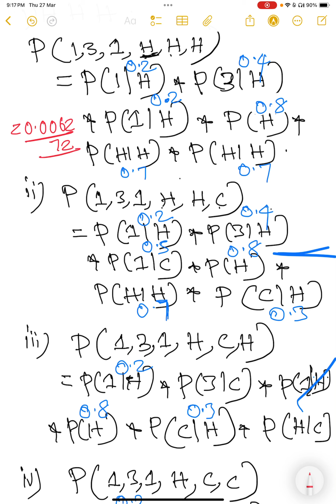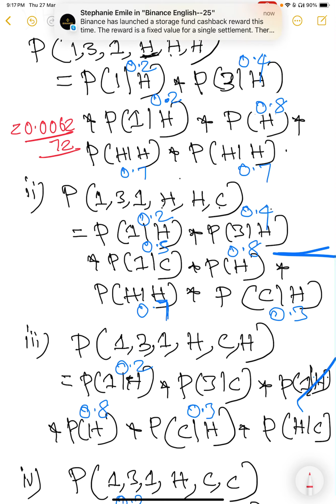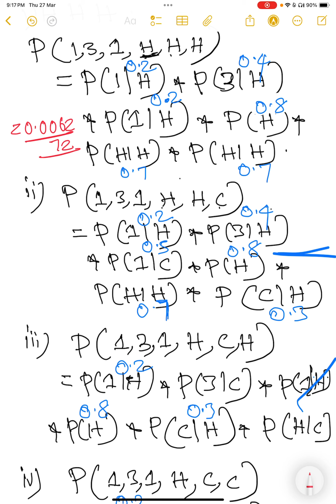And now what do you get for the second one? We have to find the maximum of this, 0.006272.